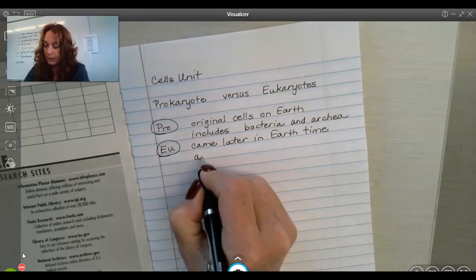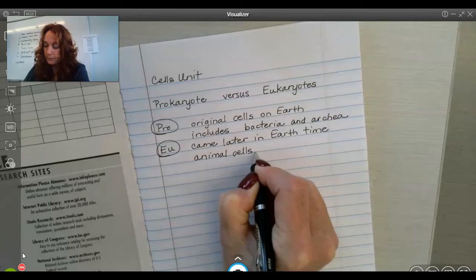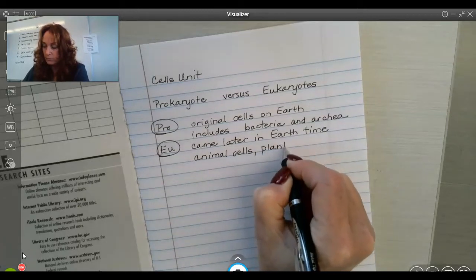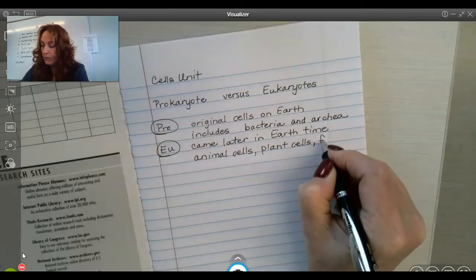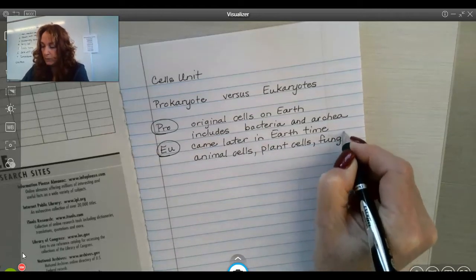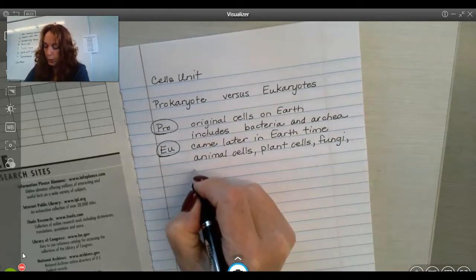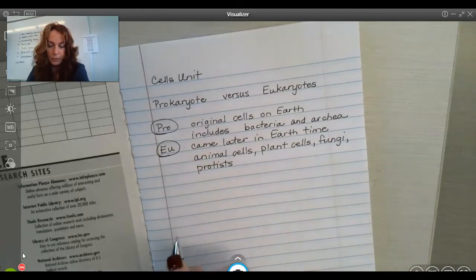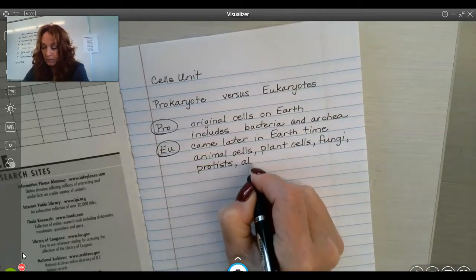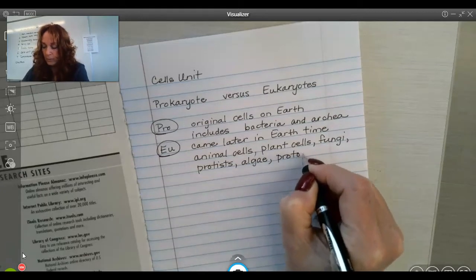So it would be animal cells, plant cells, and then fungi, so fungus falls into this too, protists, which you may or may not know what those are, algae, protozoan.